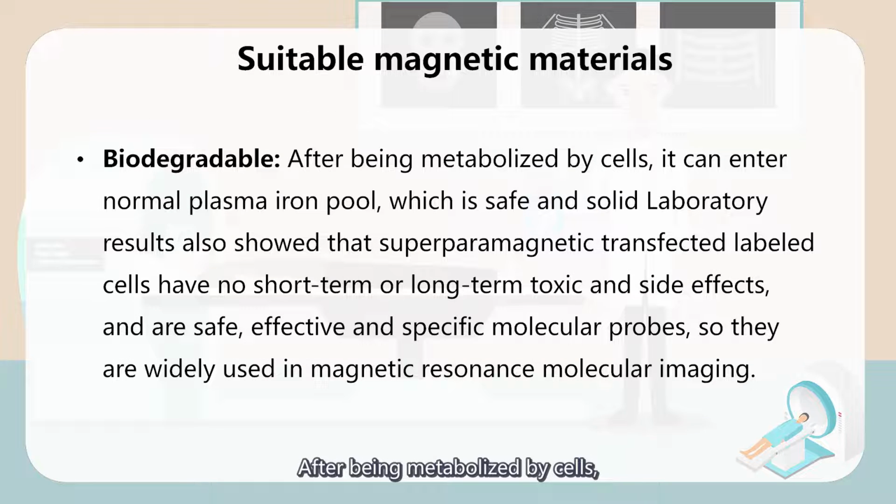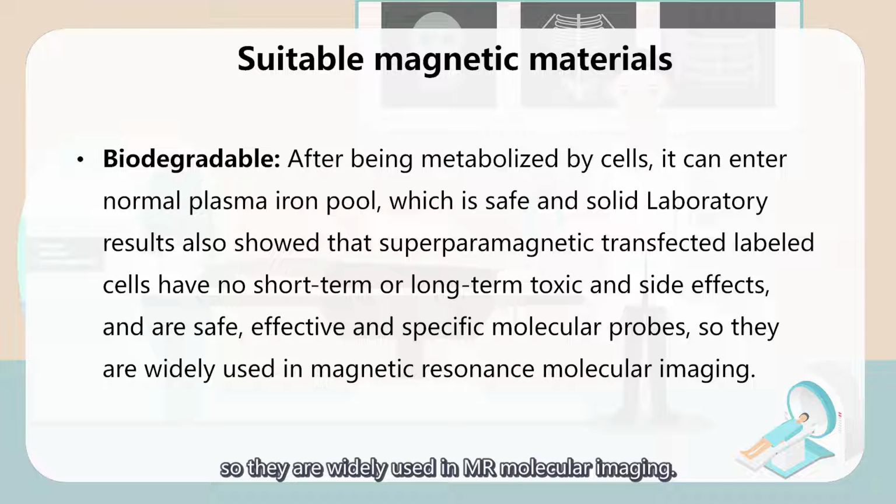After being metabolized by cells, the materials can enter into the normal plasma iron pool, which is of high safety. The results of laboratory studies also showed that cells labeled with superparamagnetic substances after transfection don't have short-term or long-term toxic and side effects, and they are a kind of safe, effective, and highly specific molecular probe.